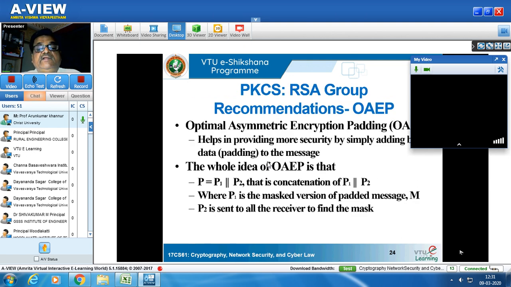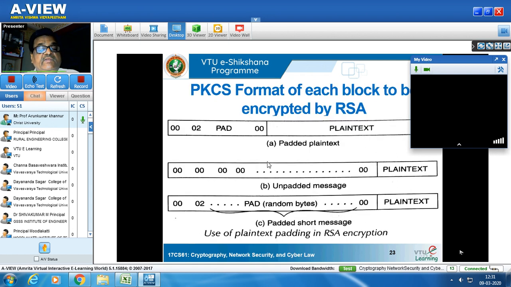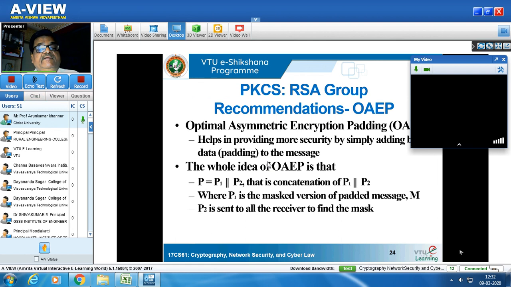We already know that the smaller the message, the lesser the security, and the larger the message, the higher the security. So by using this format, we have made the original plain text block large, and because of that, higher security has been provided.